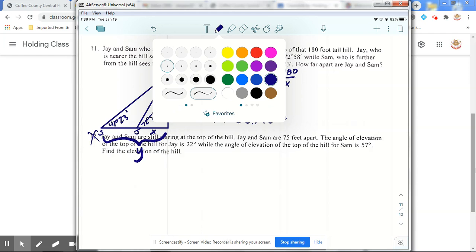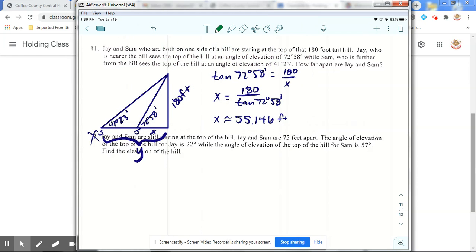All right, and then for Sam, or for Y, figure how far Sam is away from the hill. It's still tangent, but it's a different angle. So Y, you're going to switch. So Y should be approximately 204.290 feet.